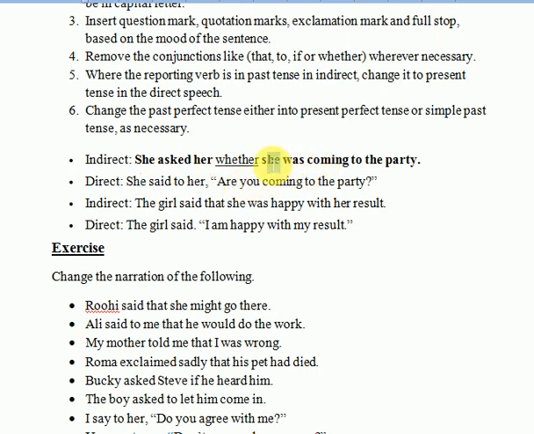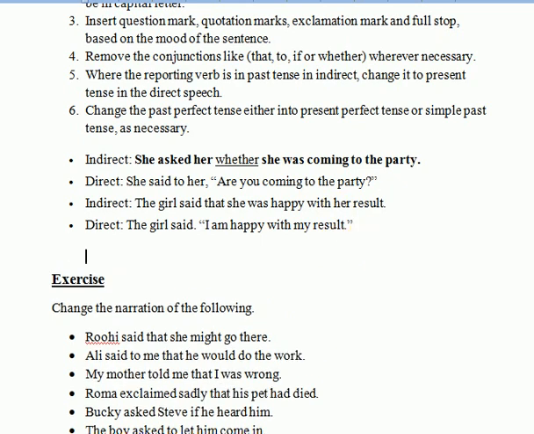She is the third person, and the third person goes either according to the object or according to the subject. Here the more appropriate is the one which goes according to the object, the second person. So we are going to change this she, the third person, into the second person. We are going to place are first because this is interrogative. "Are you coming to the party?"